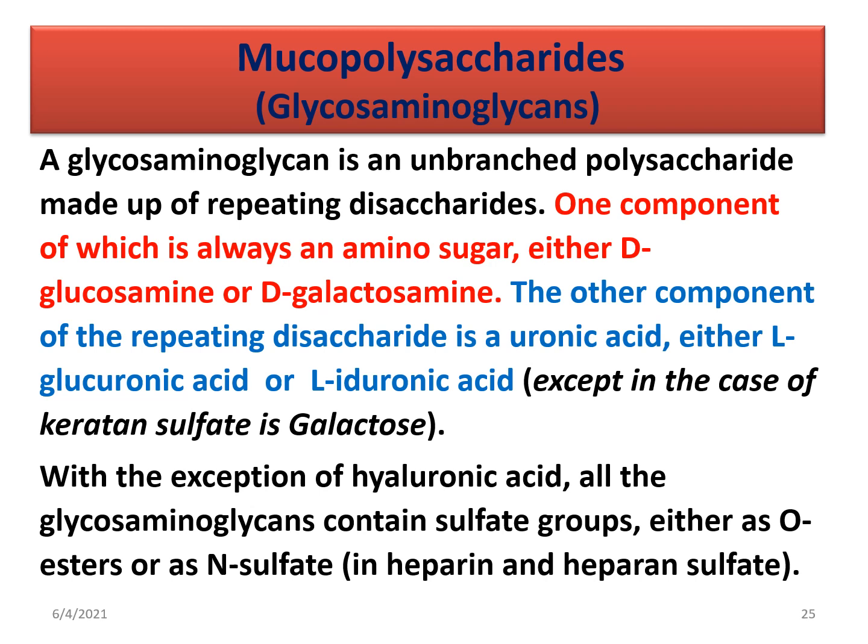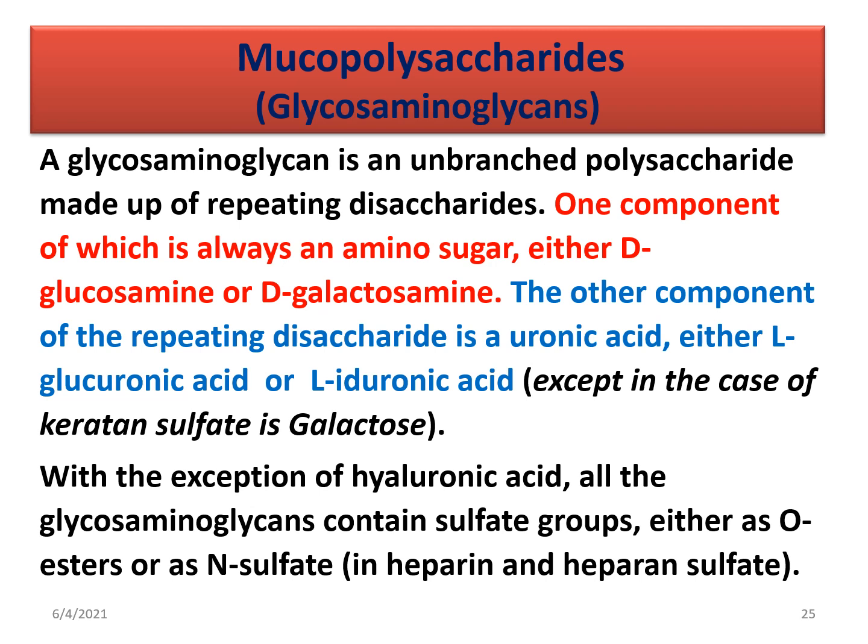One component of the disaccharide unit is always an amino sugar, which is either D-glucosamine or D-galactosamine. The second component of the repeating disaccharide unit is a uronic acid, either D-glucuronic acid or L-iduronic acid, with the exception of keratan sulfate, which contains no uronic acid, but instead contains galactose.